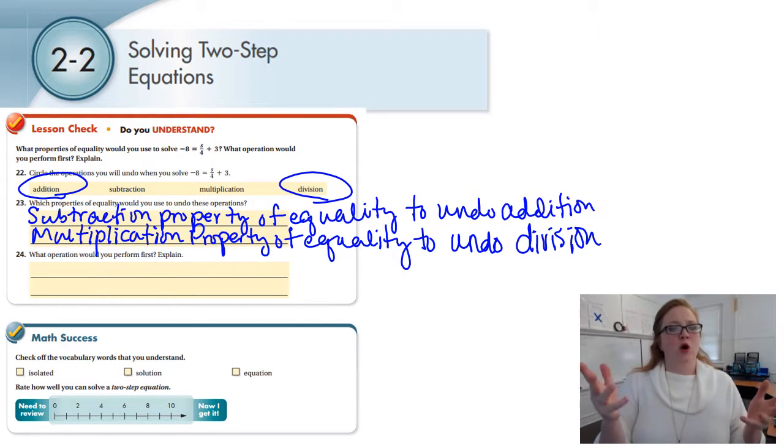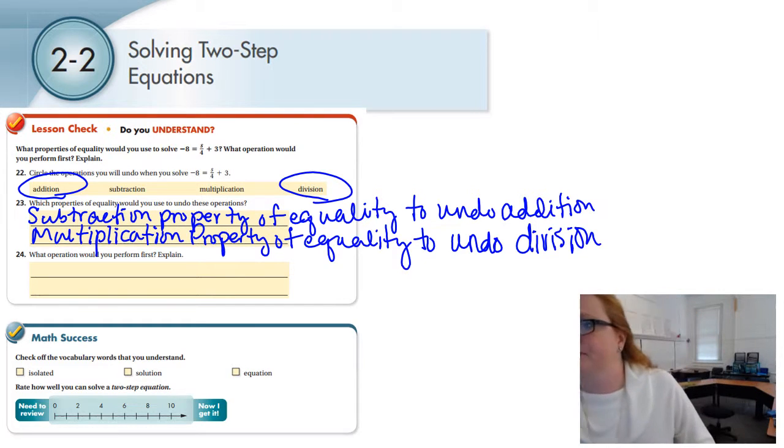Number 24, what operation would you perform first? Explain. First, you would undo addition using subtraction. The reason why is because with this example problem, you start in the reverse order with the order of operations.